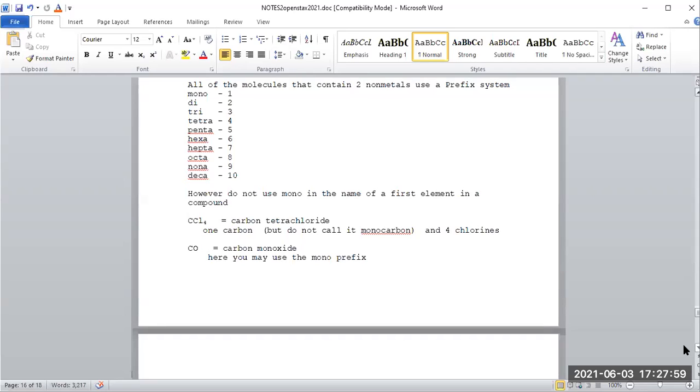If there is only a single atom of the left-hand element, mono does not get used. Carbon tetrachloride is a liquid, somewhat carcinogenic, that does have some industrial uses. It is referred to as a nonpolar solvent. Later on down the line, we'll talk more about what nonpolar means.